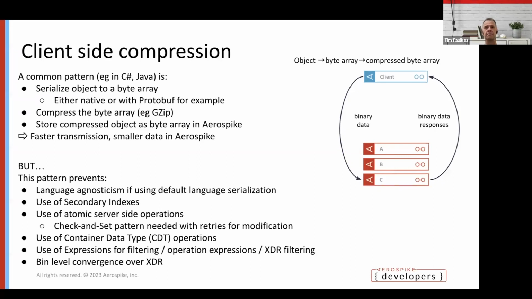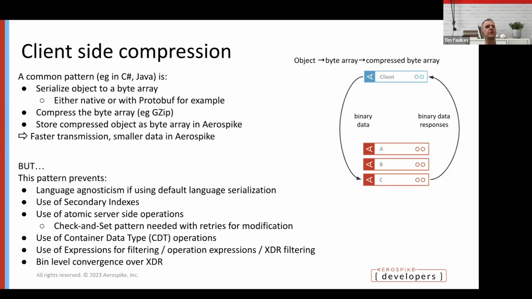Another drawback of this approach using XDR is if I've got two data centers and I'm modifying the same record at the same time on both ends. If I use it as an object, now that Aerospike understands bins, I can say to Aerospike, I want you to do bin level shipping. I want you to only ship the things that have changed on a per column or per bin basis.